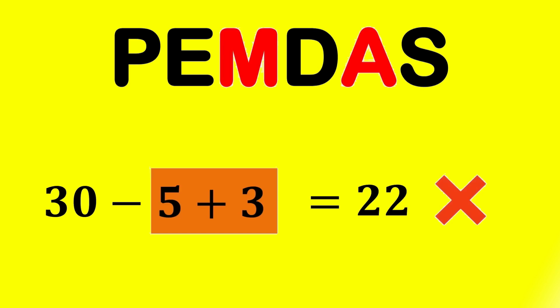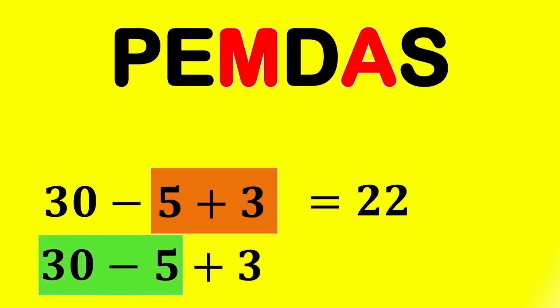Following the correct order, we move left to right. 30 minus 5 equals 25, and then 25 plus 3 equals 28. That's the correct way to solve it. This order keeps everything consistent. Without it, two people could do the same problem in 2 different ways and get 2 different answers.